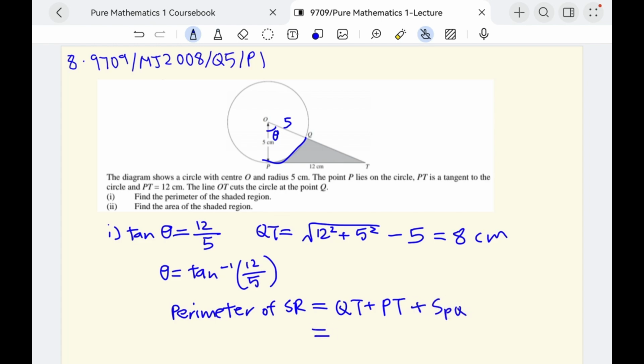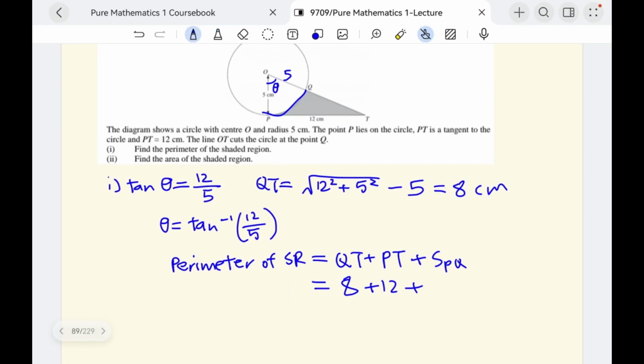So what is your QT? 8. PT, 12. What is the arc length of PQ? Which is the radius times the angle, right? And just press your calculators to get the decimal values. Since it is arctangent, we are not able to find the exact form of arctangent 12 over 5.